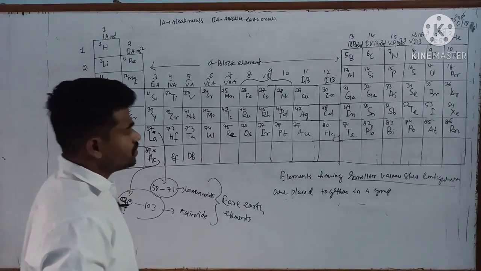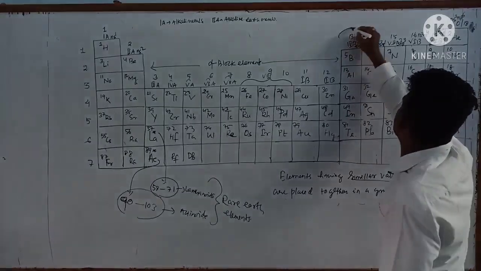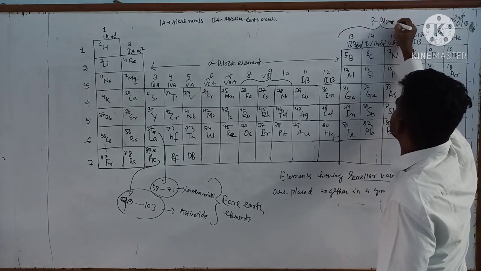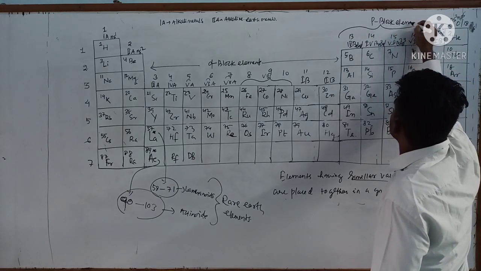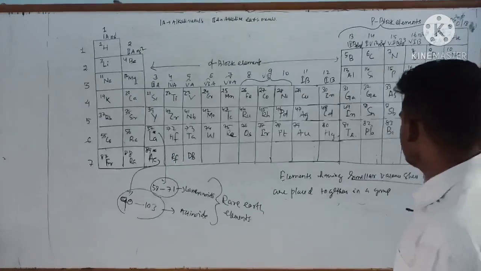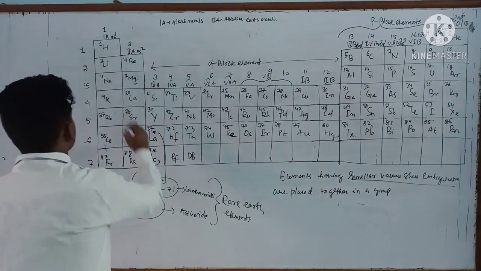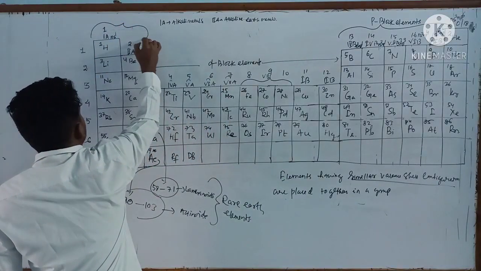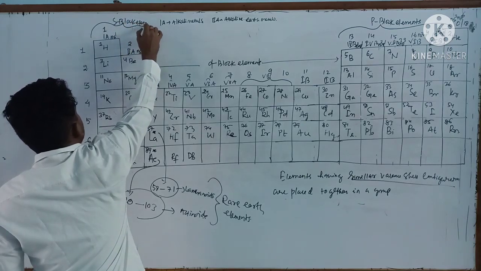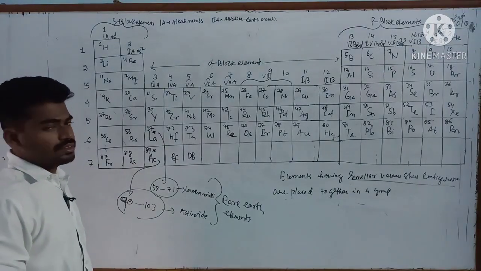Is that clear? So in this side, these are non-metals and the p block elements, because the last electron enters the p subshell, ns2 np1, ns2 np2 likewise. And here group 1 and group 2, these are your s block elements, alkali and alkaline earth metals.